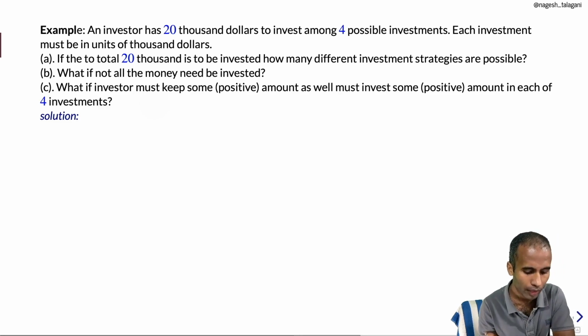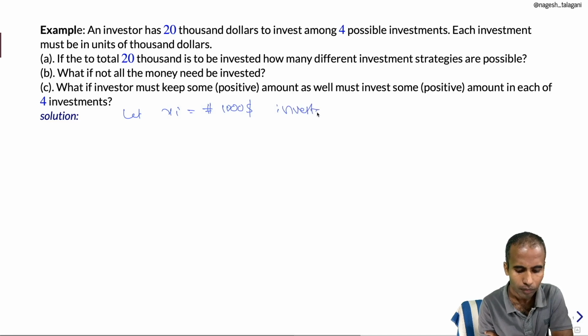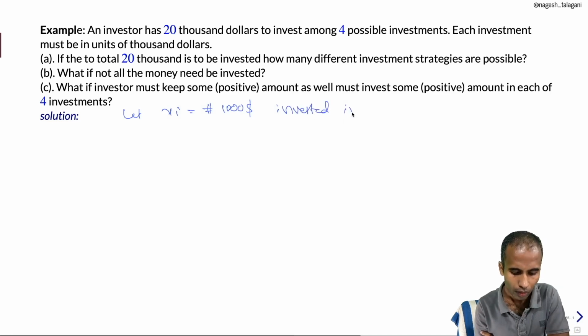Here, let xi equal the number of $1,000 units invested in investment i, for i equal to 1, 2, 3, 4.